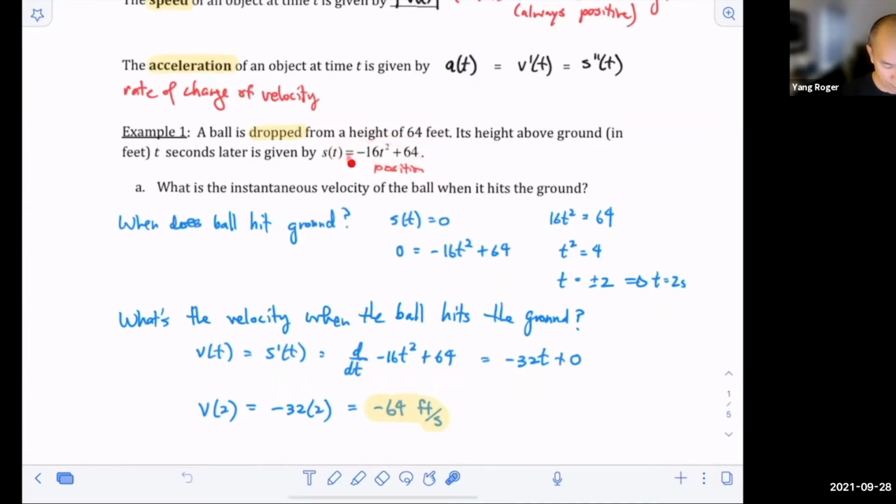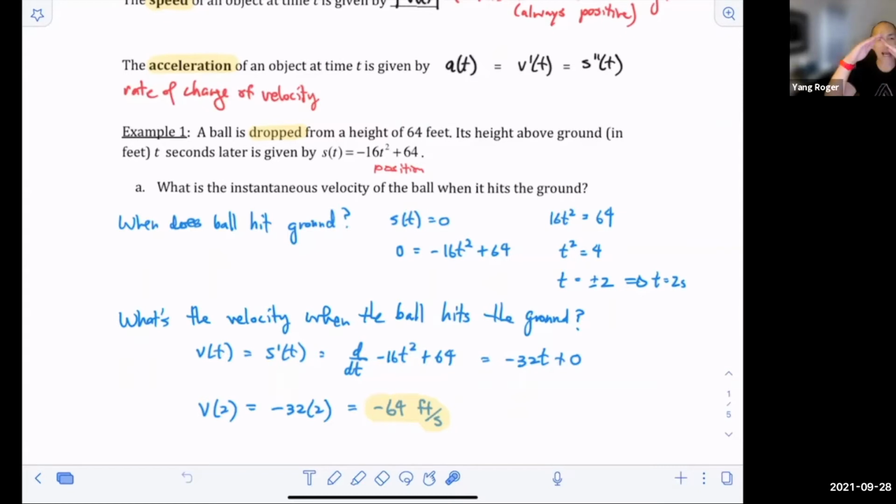So do you guys know what this graph looks like? If you took the basic graph of t squared, it looks like this. If you multiply it by 16, that makes it narrower. So it kind of becomes more like this, still like a U. And then when you multiply by negative, it flips it like this.